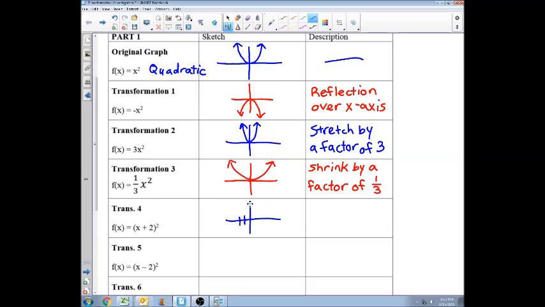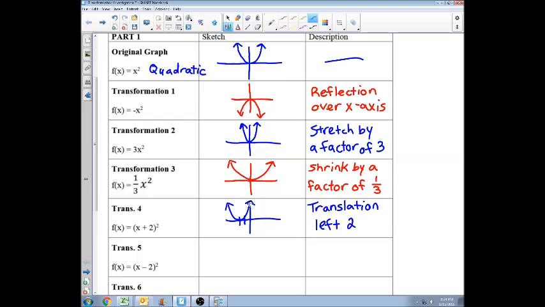1, 2. So I'm going to have this drop down to negative 2, 0, I'm sorry. So we go ahead and moved it over here a little bit. Should be about the same as our original graph, but we call this a translation left 2.